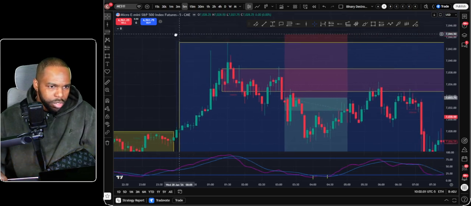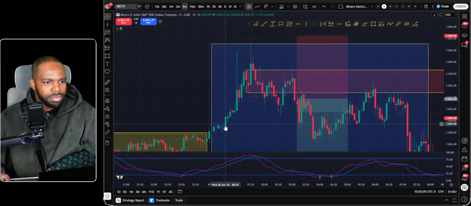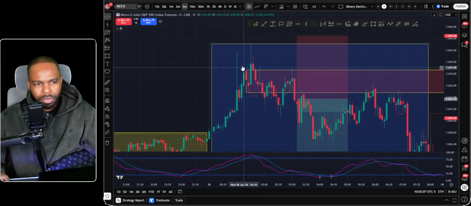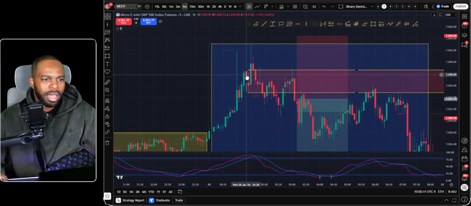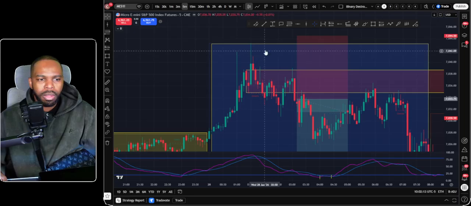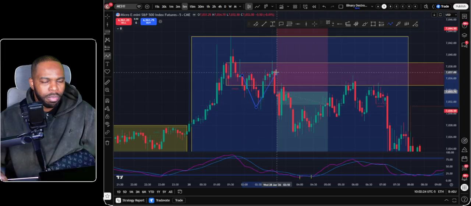So I got my breaker block box right here. I got the session sweep: London session swept above the previous session, which was the Asian session. I got my breaker block here, and all I'm waiting for now is for price to close below it. In this case, I waited for price to pull back into it, and then I got in right here at this level.